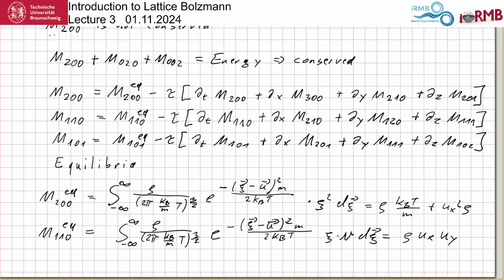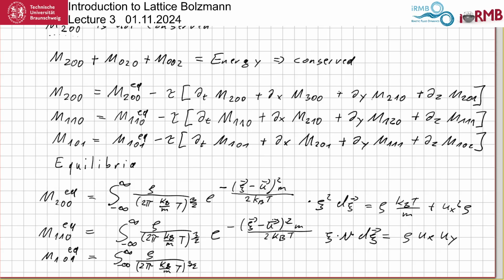And okay, do I squeeze this in here? I am going to squeeze this in. The M101 is the integral over rho divided by 2 pi. You know, the 2 pi actually comes from that we integrate over a sphere.